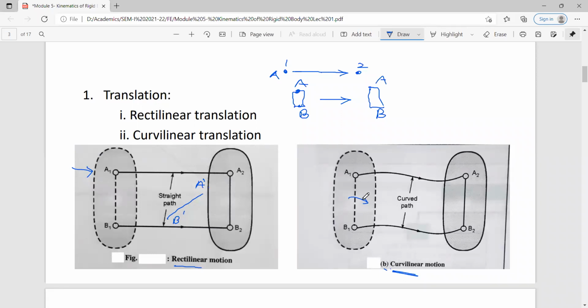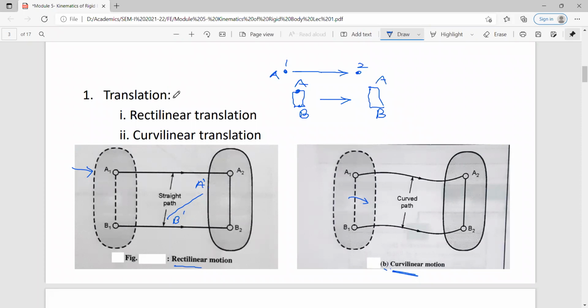So you have seen that a translation will have two types, rectilinear and curvilinear translation. So this is the first type of motion, translation.